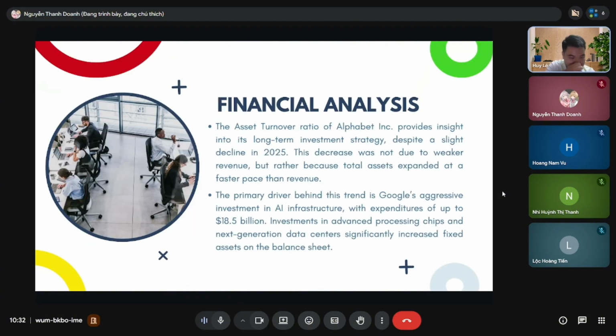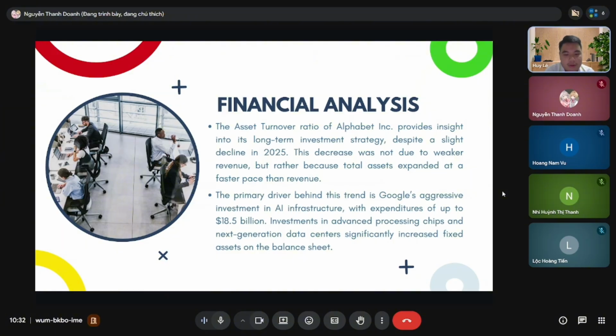To explain, the asset turnover ratio of Alphabet Inc. has been declining, not because of weaker revenue, but rather because total assets have been expanding at a much faster pace than the revenue Google accumulates during these years.